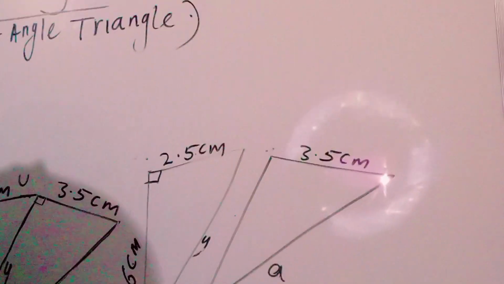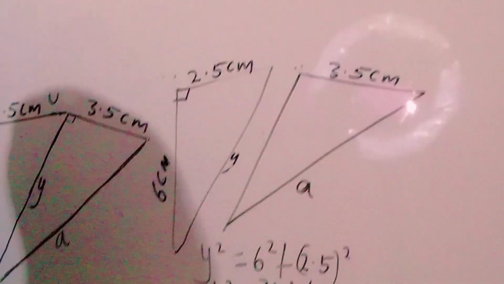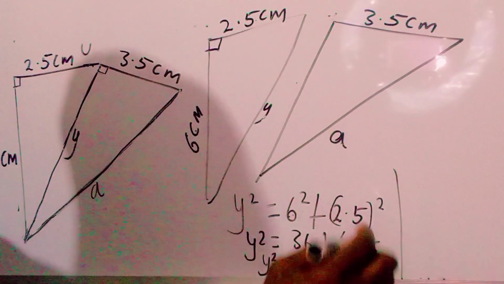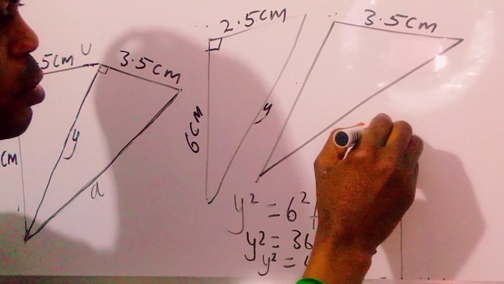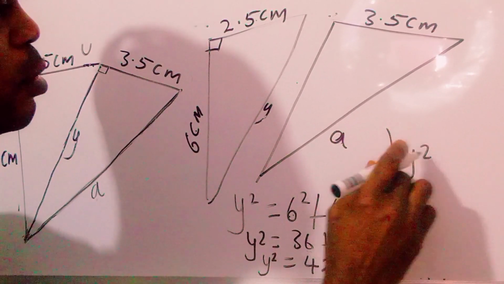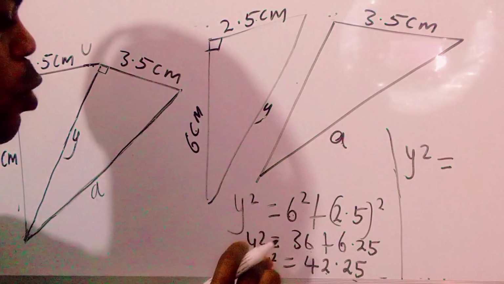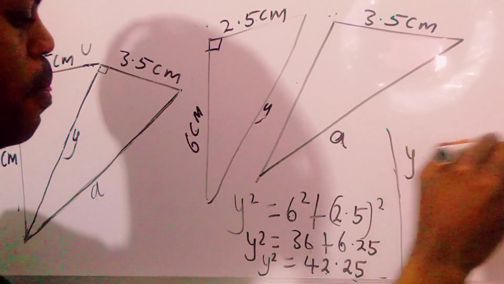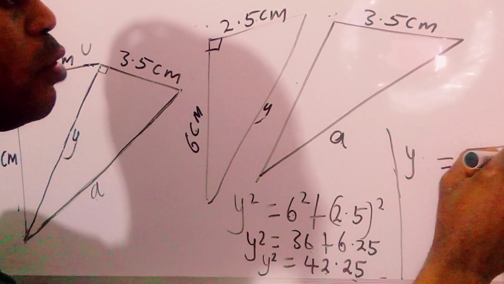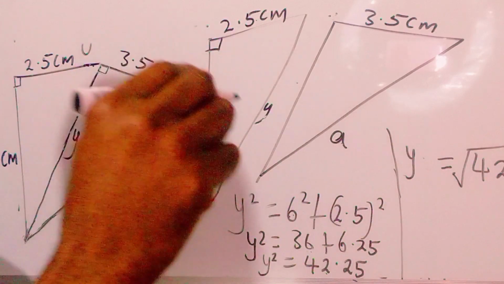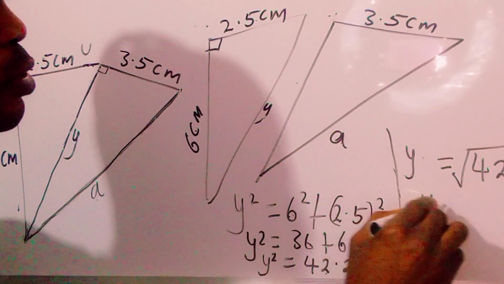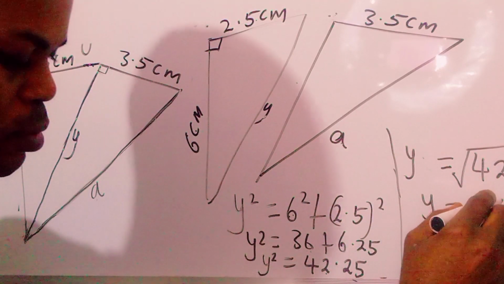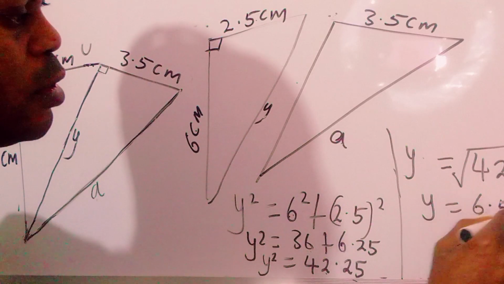Let's continue from this point. So the square root of y squared equals y, which implies the square root of 42.25. Taking the square root of 42.25, use a calculator, you're going to have 6.5 centimeter.